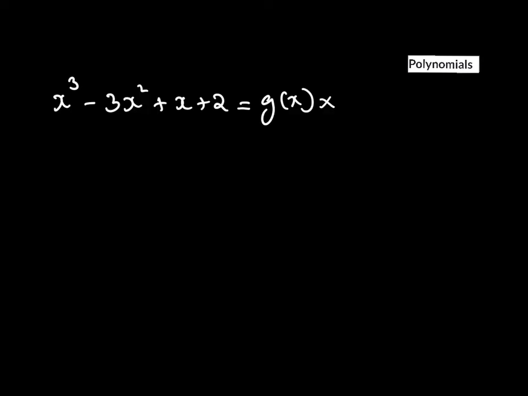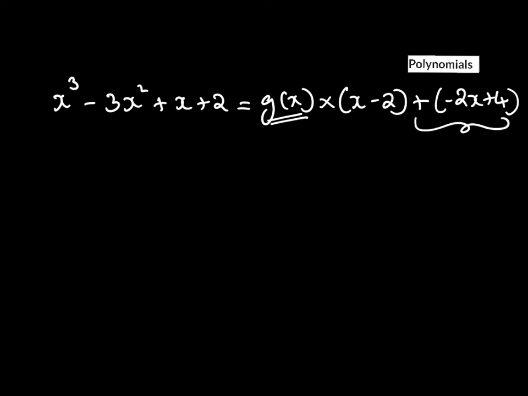So x^3 - 3x^2 + x + 2 is equal to g(x) times the quotient x - 2 plus the remainder, which is given as -2x + 4. Now we need to find out what g(x) is. It's normal algebra. We will move this term onto this side of the equal sign.